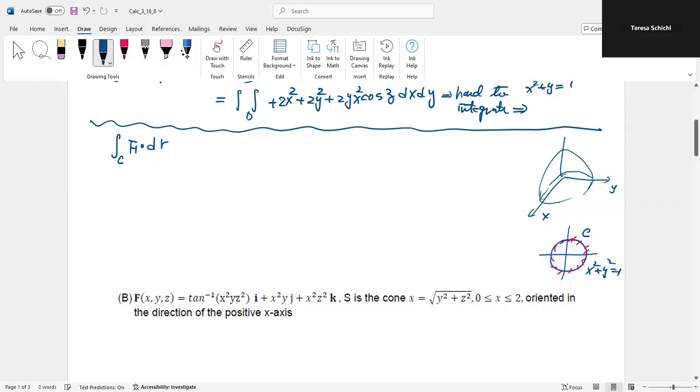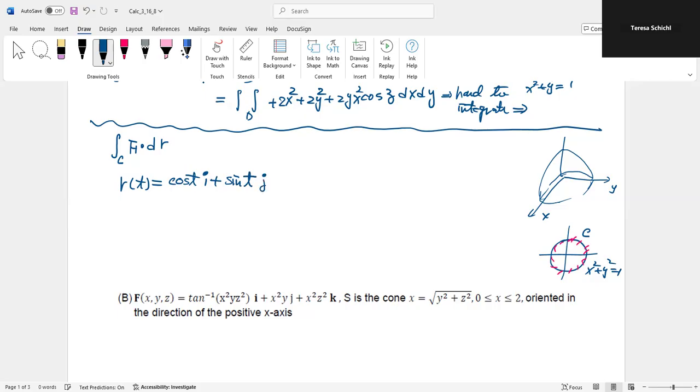Now I know a circle is quite easy to find parametric equations for. I can define r(t) equal to cosine t i plus sine t j. We know the circle is easy to define.